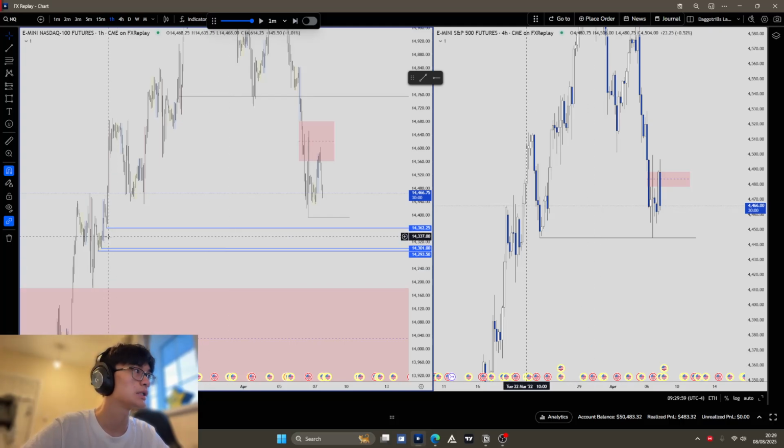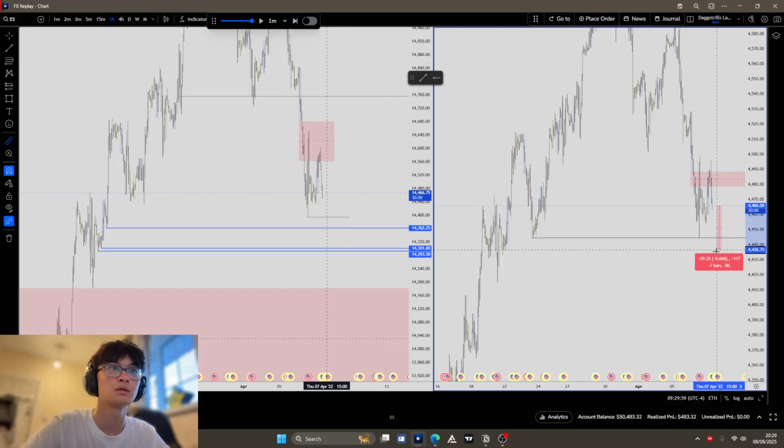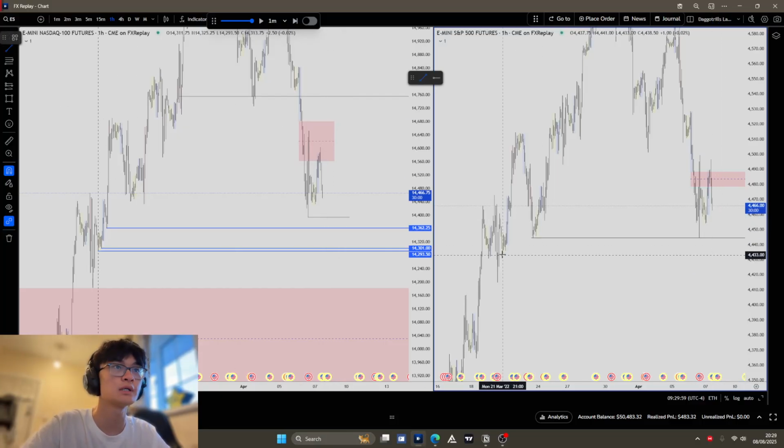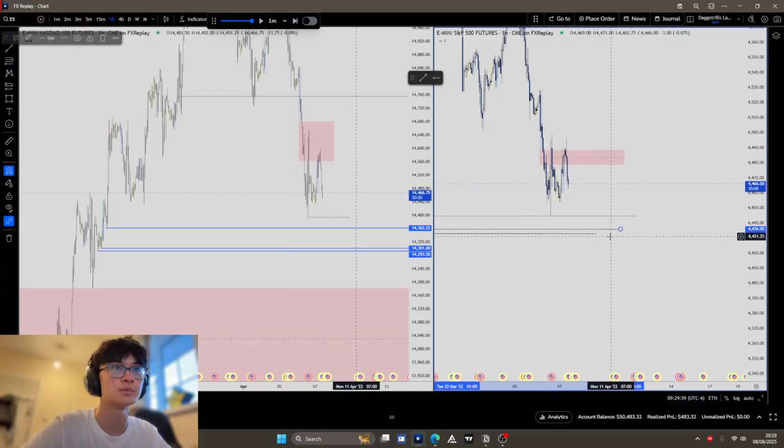So most likely the target is that's the 1 hour. 32 points, not bad. We'll target that as well. That's probably the last target, and this is probably a partial or something like that.